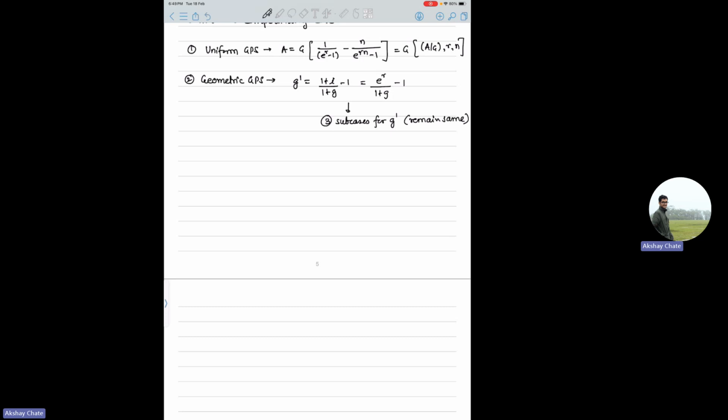So let's go and solve some problems. Let's first solve this, effective interest rate and all those things. This kind of problems are also asked in many competitive exams.